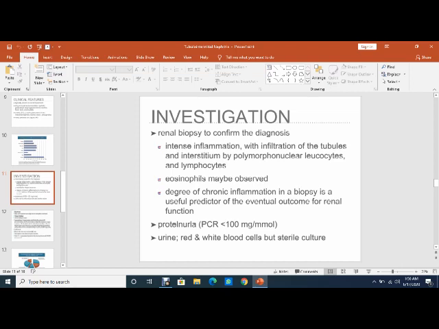Renal biopsy has a role whether the disease is acute or chronic, because we can predict the prognosis and outcome of the renal disease.